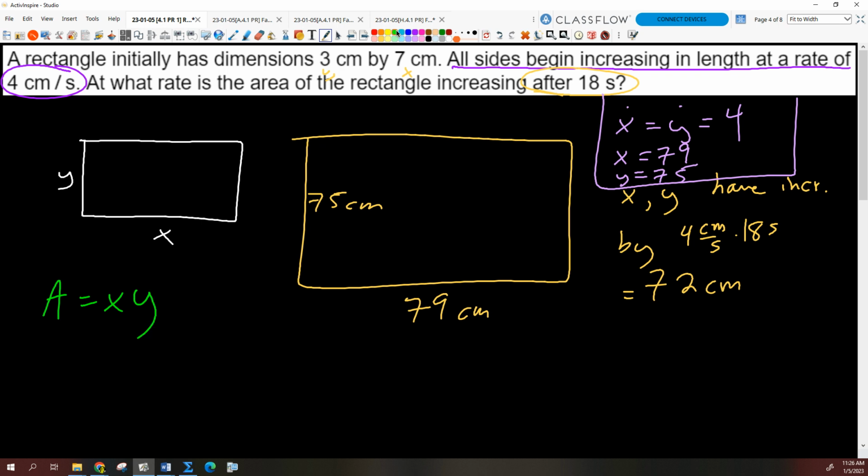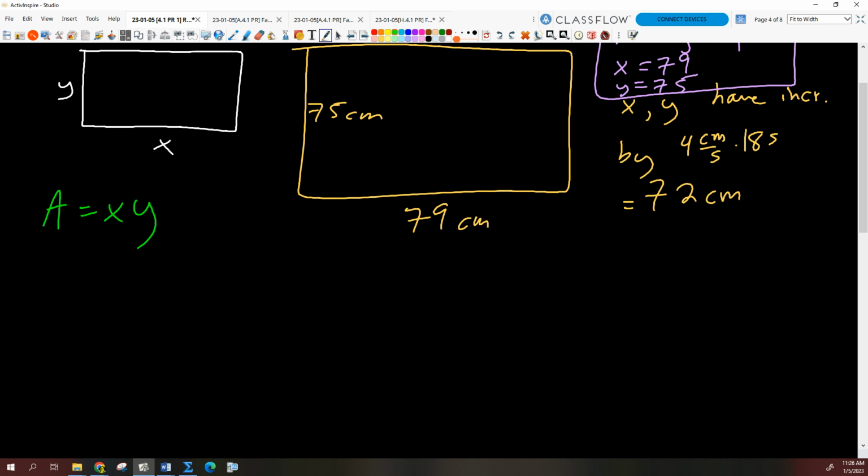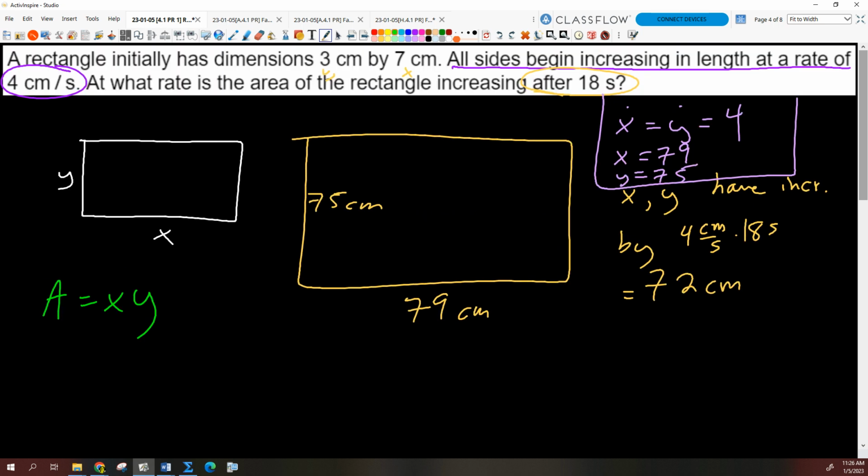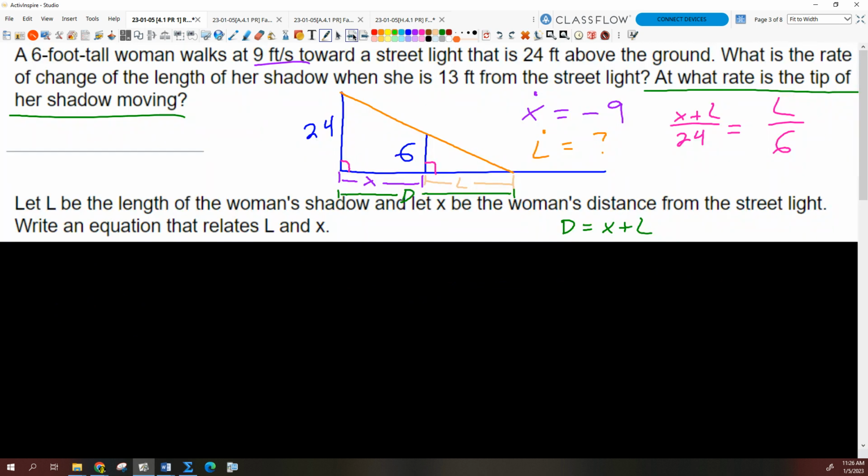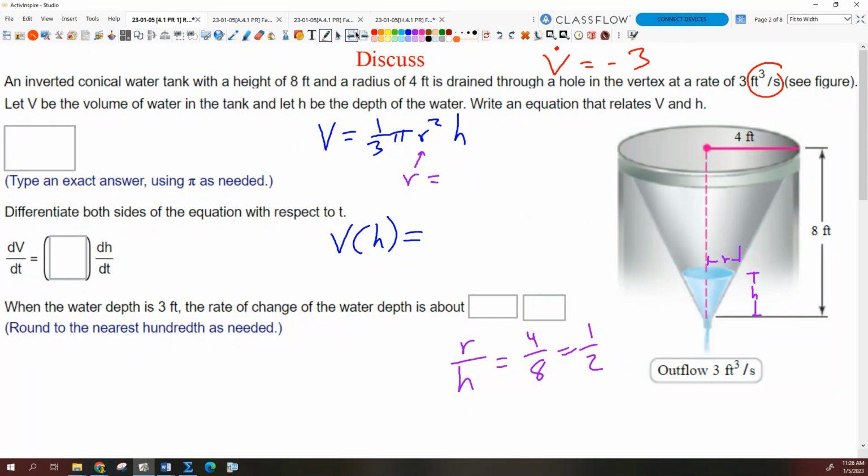So let me ask you this. Were you tempted to want to try to eliminate a variable here? Like we definitely, I'm going to scoot back for just a second. In this one, we needed to eliminate a variable, right? We needed to eliminate r and write volume as a function of only one variable, okay? For one thing, they didn't tell us anything specifically about the rate of change of the height.